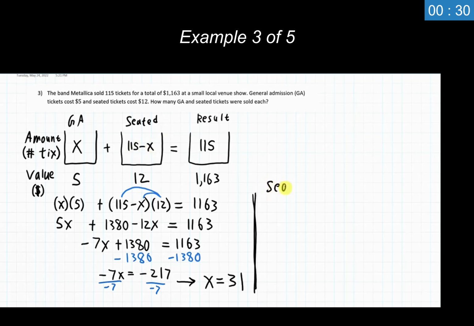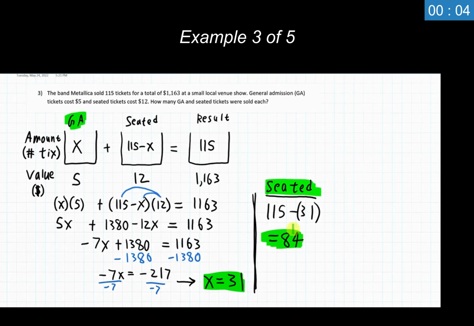So seated is going to be 115 minus 31, the value that we found there. And that's going to give us 84. So we have a total of 31 GA, general admission tickets that were sold, and we have 84 seated tickets that were sold.